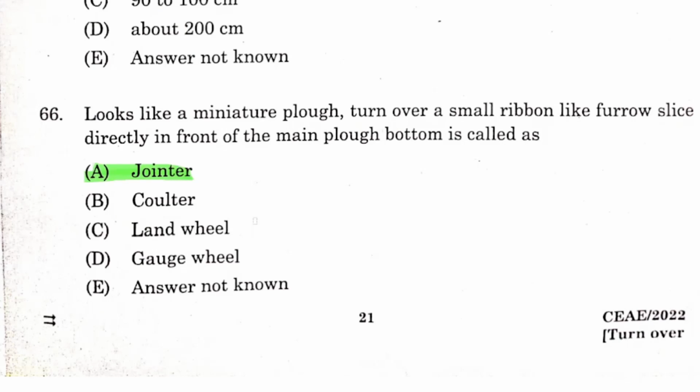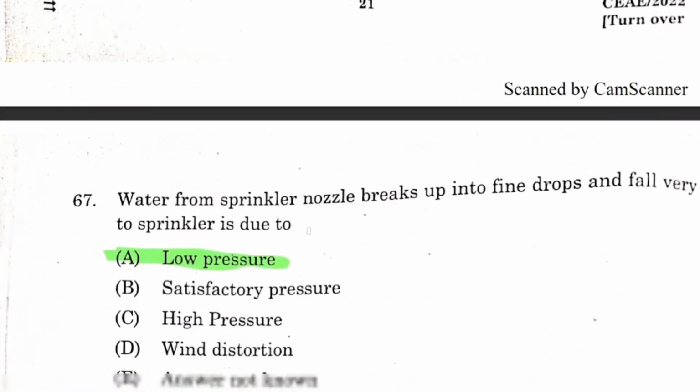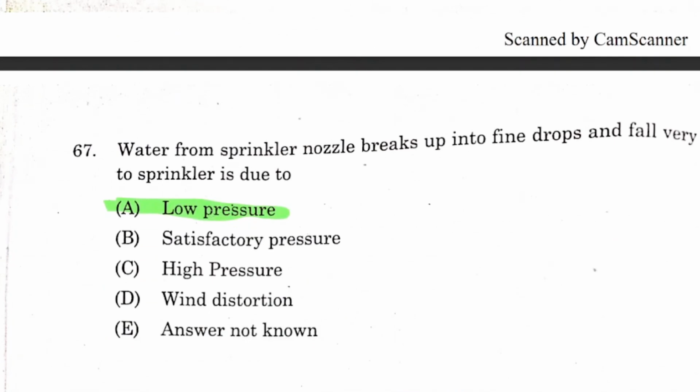It is called the jointer, and here the jointer and coulter are important accessories of the MB plow. Next one is question number 67. Water from the sprinkler nozzle breaks up into fine drops and falls near the sprinkler due to low pressure.